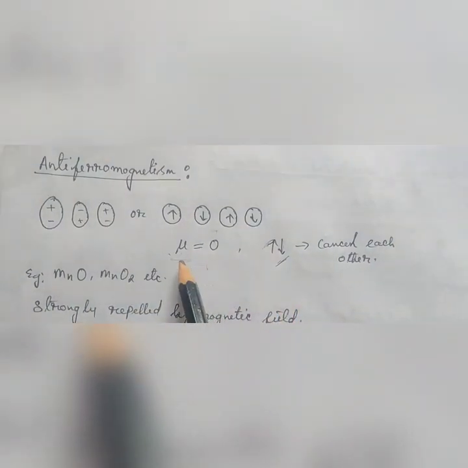Antiferromagnetism. So in antiferromagnetism, the domains are arranged in this way. Okay, in a proper way. Plus minus, minus plus, plus minus. That means like this. One will be on the upper side, another will be on the lower side, upper side, lower side, like this, arranged in a proper way. Okay, so here the magnetic moment will be equal to 0, because they will cancel each other.